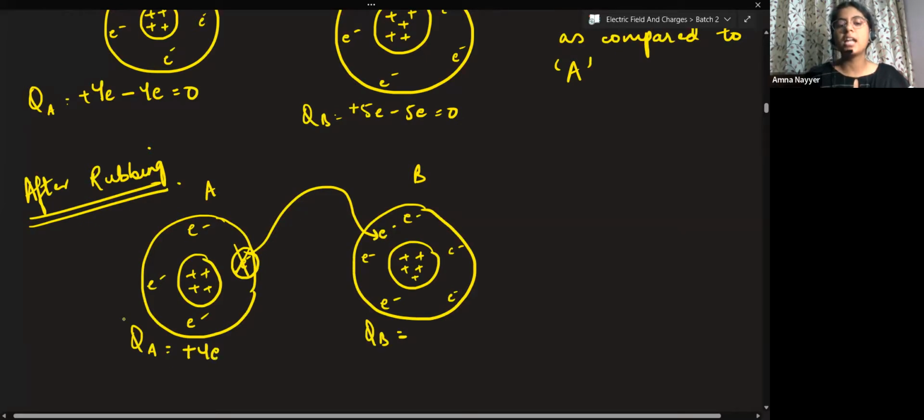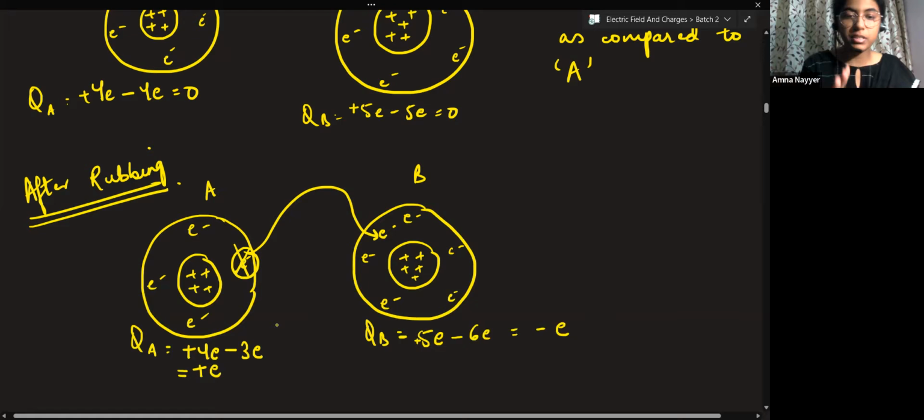And negative charges are 3, so minus 3E. 4E minus 3E becomes plus E. So this is a single electronic charge. Now for B, plus 5E for the charges present in the nucleus. How many electrons are there? 1, 2, 3, 4, 5, 6 electrons, meaning minus 6E. This becomes minus E. So it is plus E and minus E now.